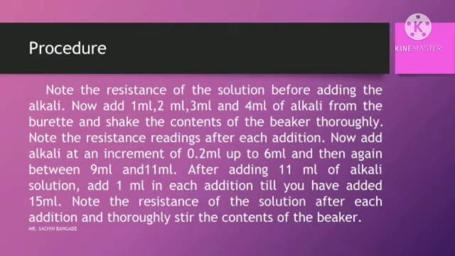After adding 11 ml of alkali solution, add 1 ml in each addition till you have added 50 ml. Note the resistance of the solution after each addition and thoroughly stir the contents of the beaker.